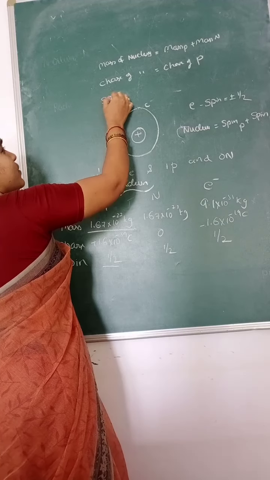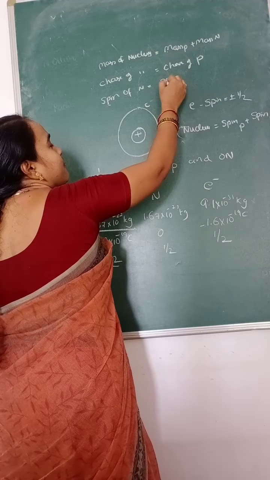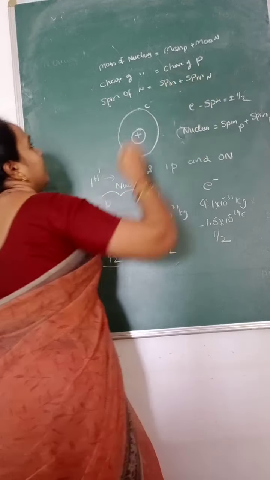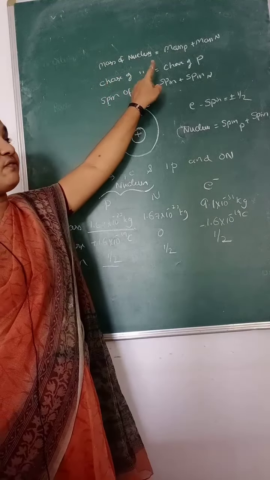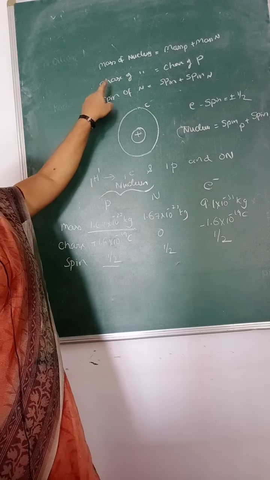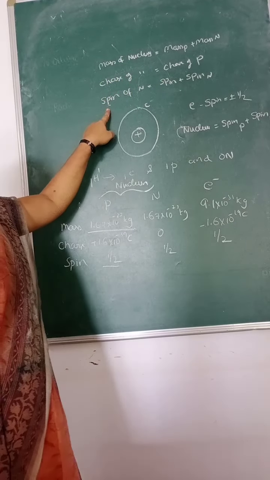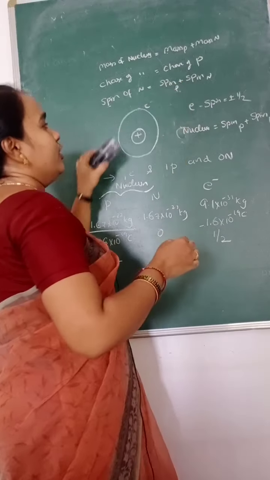And the spin of the nucleus is the spin of the proton plus the spin of the neutron.